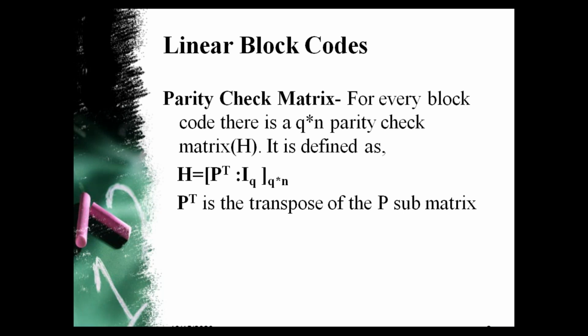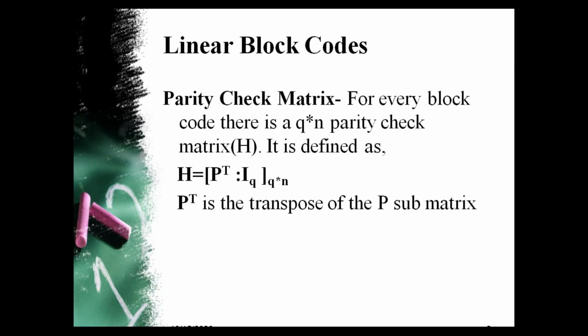Similar to that generator matrix, there exists a parity check matrix, which is represented by a capital letter H. Sometimes that H will be given in order to generate or construct a linear block code, and it is termed as the parity check matrix.